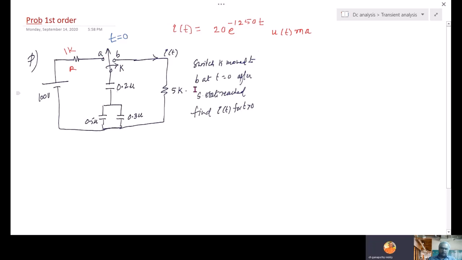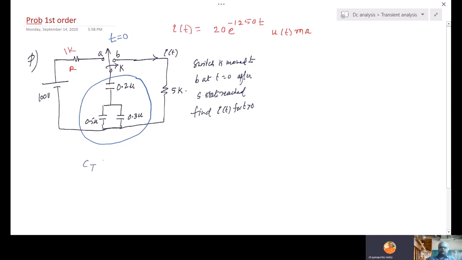So, what is this capacitor's equivalent? First, we can combine them. All these capacitors can be represented as a single capacitor. 0.5, 0.3 parallel. So 0.8. 0.8 and 0.2 series.